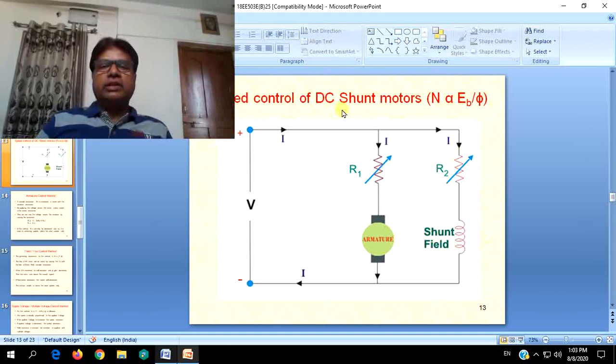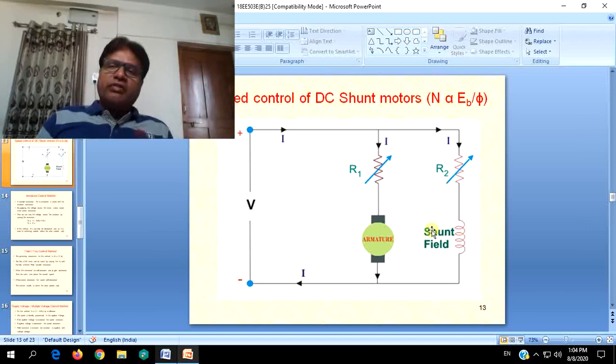This is the field control for the case of DC shunt motors, where N is regarded as proportional to EB by phi. EB is more means the armature voltage will be more. So for armature control, a variable resistance or rheostat will be connected in series with the armature.